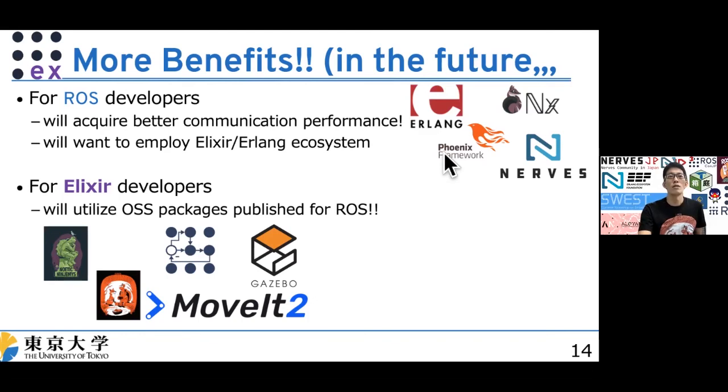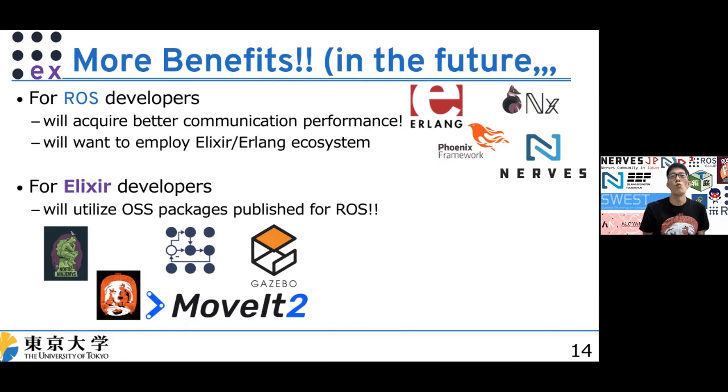We think that ROS developers will acquire better communication performance, especially in scalability, with the power of Erlang. In addition, they will want to join the Elixir and Erlang ecosystem to integrate their robot applications with awesome frameworks and libraries such as Phoenix, Nx, and Nerves.